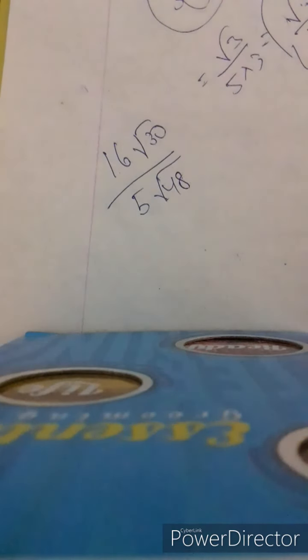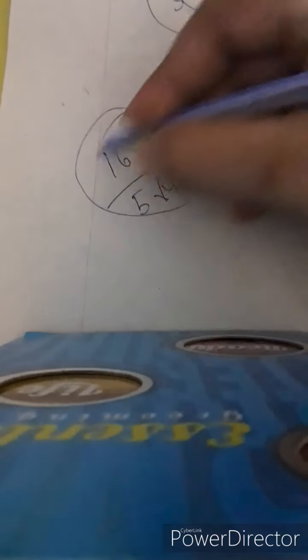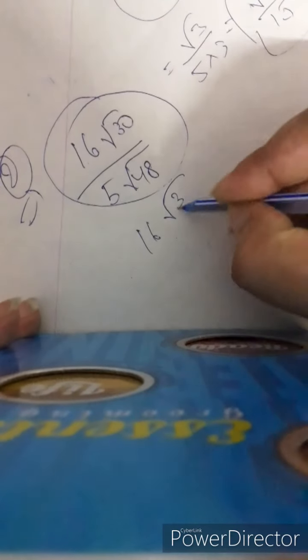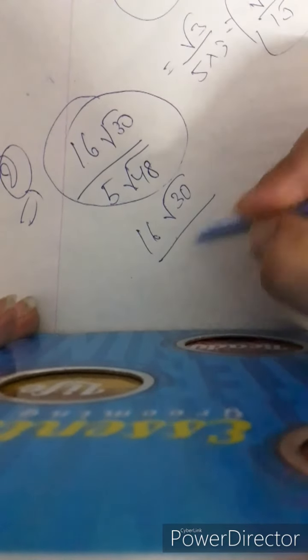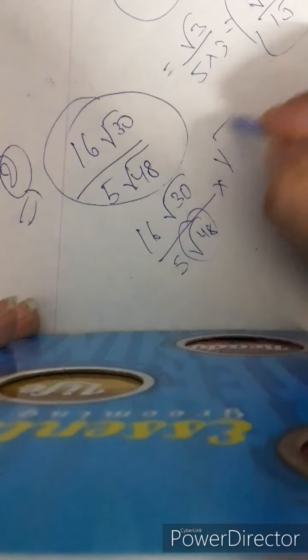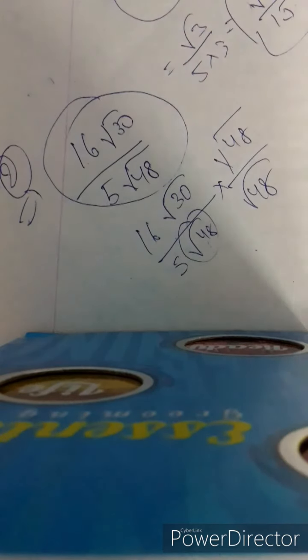So how do we do that? This is the second problem we are seeing. 16 root 30 divided by 5 root 48, root 48 is in the denominator, so multiply and divide by root 48.